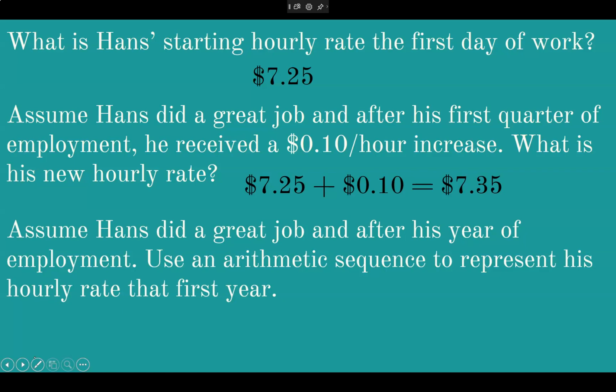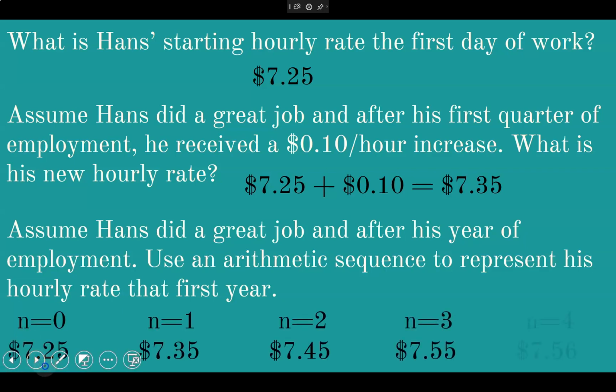Assume he did well for an entire year. We're going to represent each piece. We did this yesterday. So notice here we start at n equals 0, then 1, then 2, then 3, then 4 to represent an entire year. Why do you only go up a percent from the third quarter to the fourth quarter?